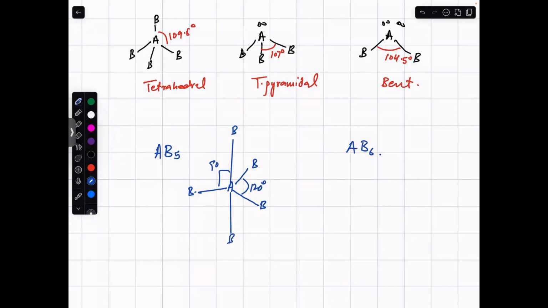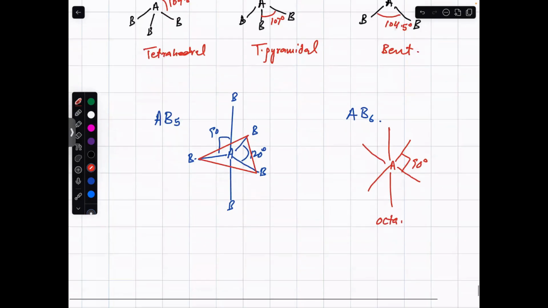It is trigonal bipyramidal: one pyramid up, one pyramid down. If it is AB6, one up, one down. It's octahedral, all 90 degrees.